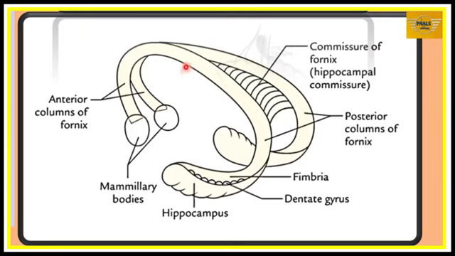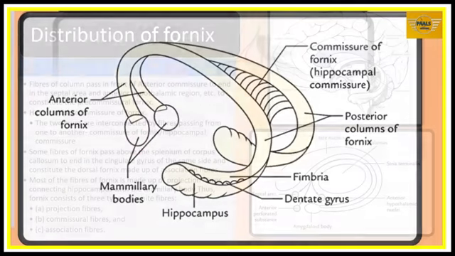In this anterior part, the fornix will divide into two columns, the right anterior column and the left anterior column. Each column will now arch downwards, as we noted here, and they will form what is called the post-commissural fornix, this part, as they move down to the hypothalamus.